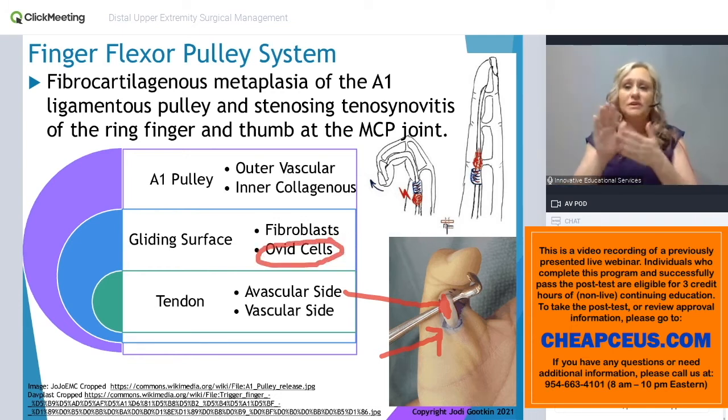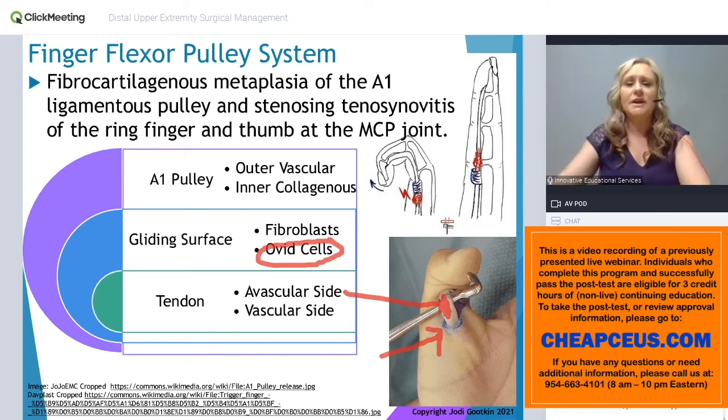So normally everything should be gliding normally. Unfortunately, what happens in this pathology is that that undersurface of the pulley becomes more like chondrocytes, they say. It becomes more fibrotic. And then that smooth tendon, the sheath of the tendon becomes hypertrophied and thicker, and it's the avascular side, so it doesn't heal as well.